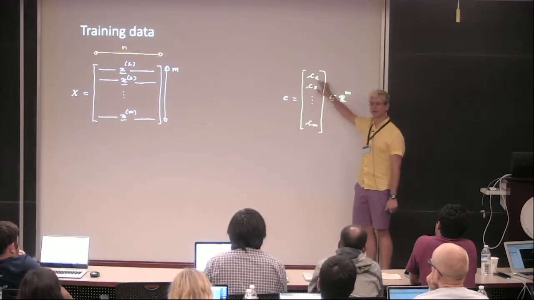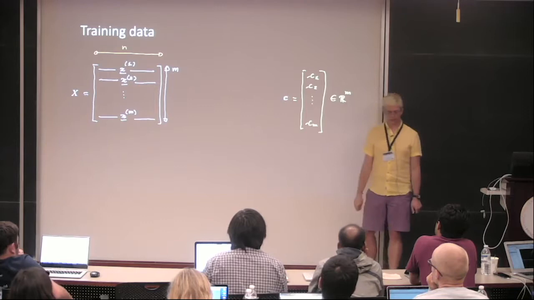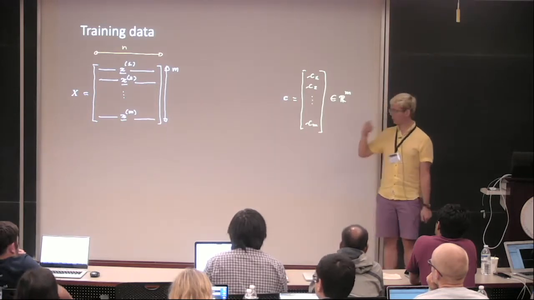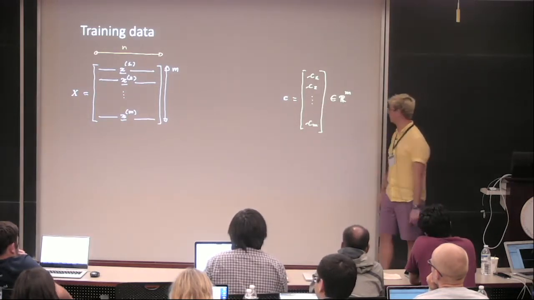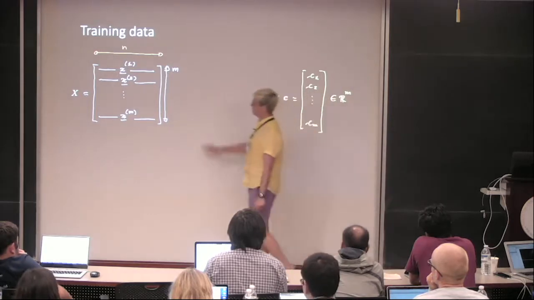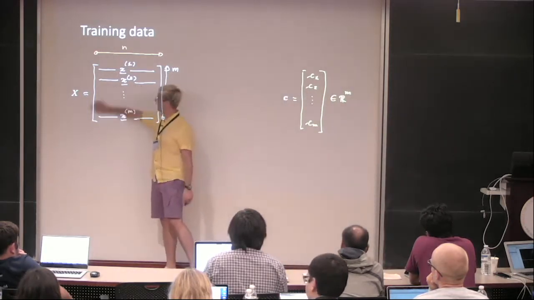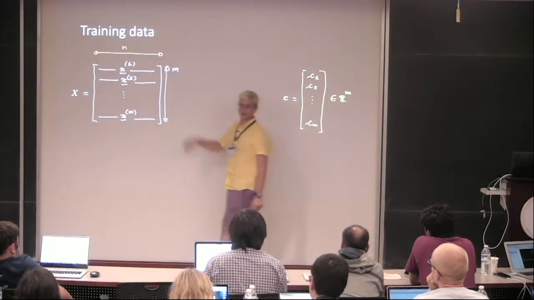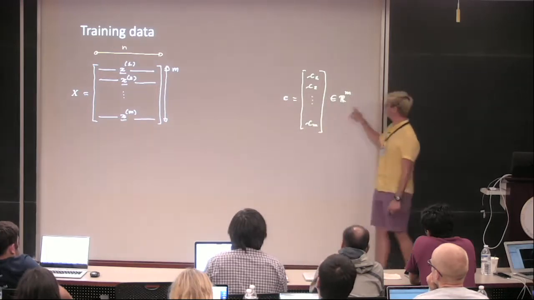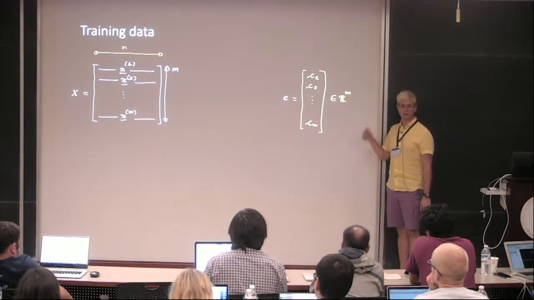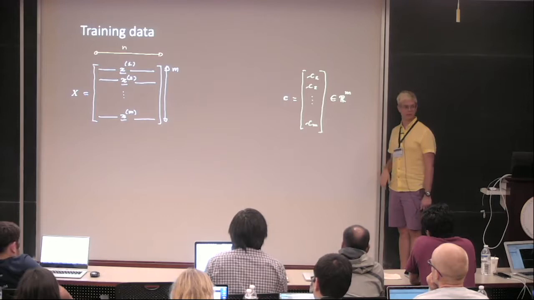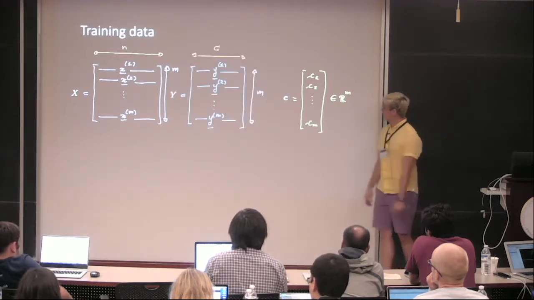These are categorical pieces of information connected directly to my design matrix. Therefore, X is a matrix of size m times n, whereas this is simply a vector of dimension m. Good? Yes? All right.